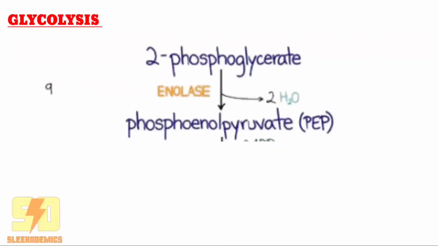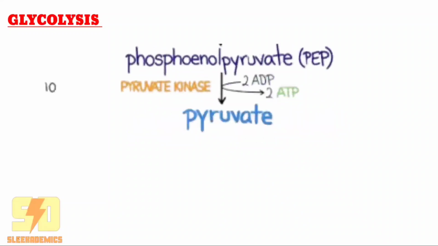Furthermore, the 2-phosphoglycerate molecule is also converted to phosphoenol pyruvate by an enzyme known as enolase. This is achieved by an introduction of an oxygen group to the molecule. Finally, the phosphoenol pyruvate is further converted to pyruvate by an enzyme known as pyruvate kinase.